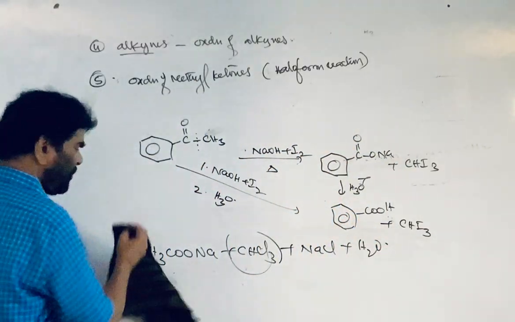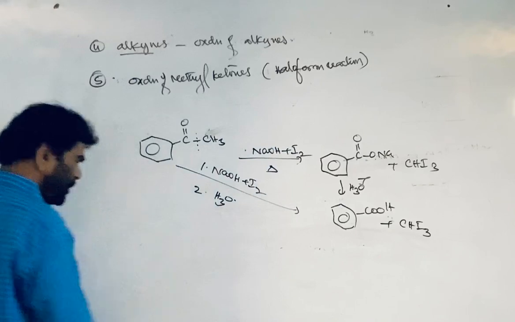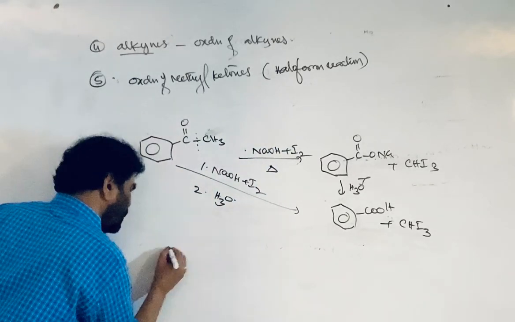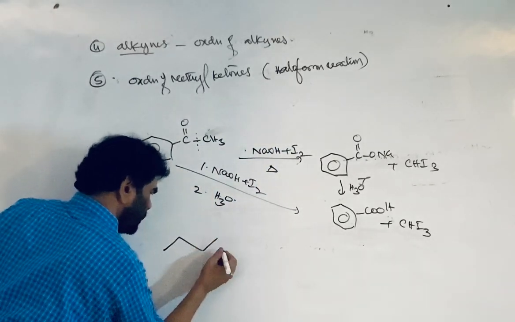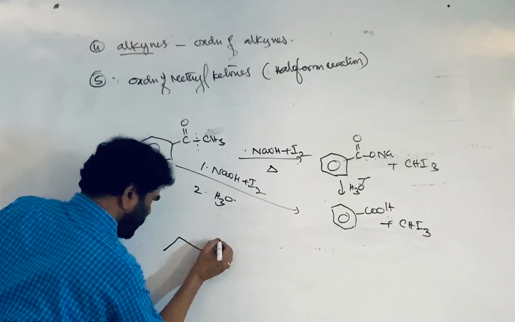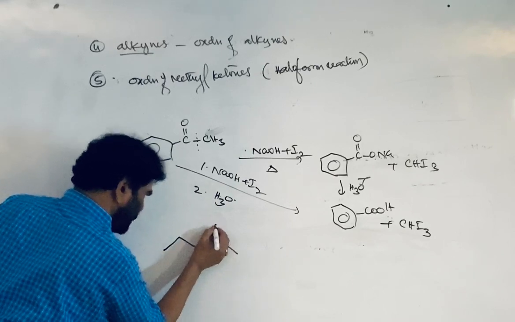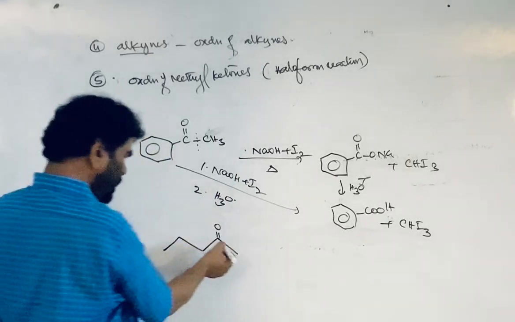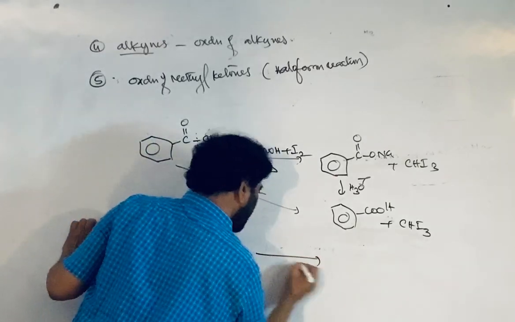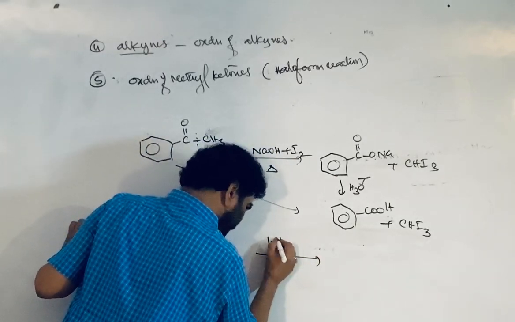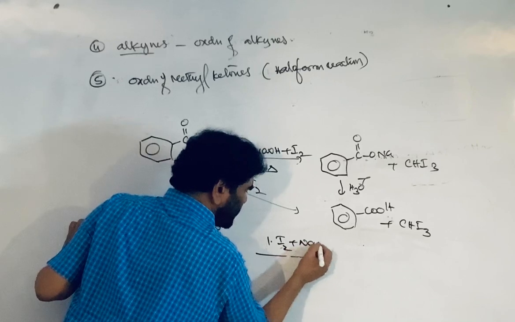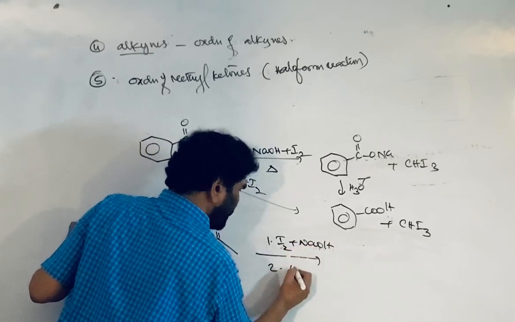So to prepare propanoic acid, or say butanoic acid, by this method, take the methyl ketone methyl propyl ketone, 2-pentanone. On treatment with iodine plus sodium hydroxide, it gives the iodoform test.